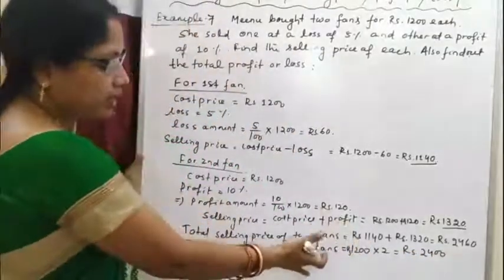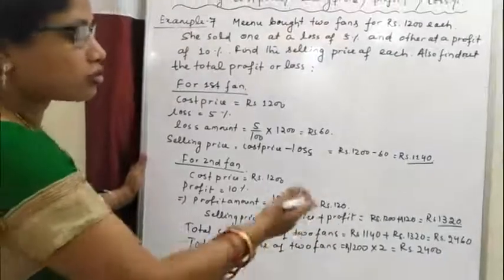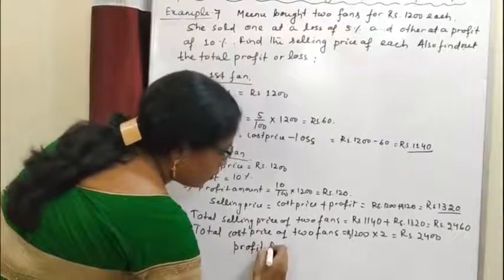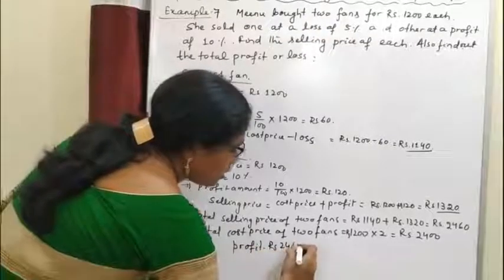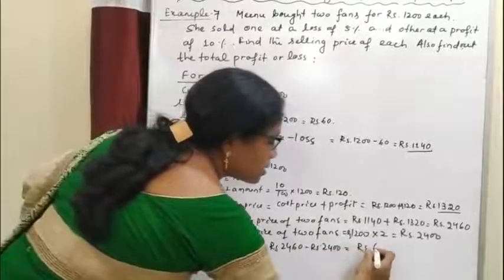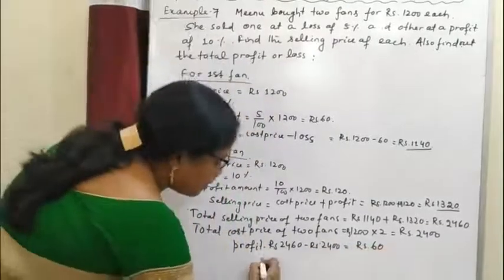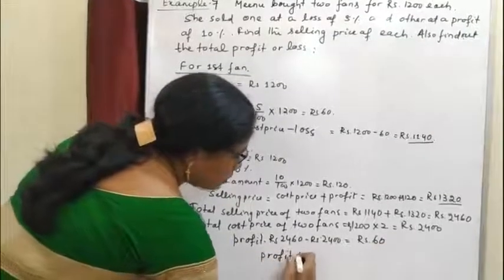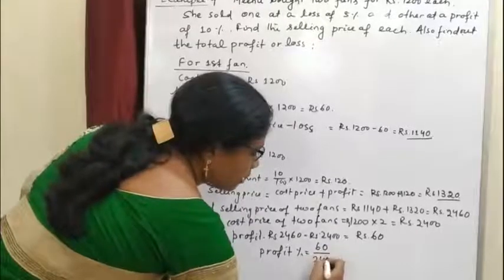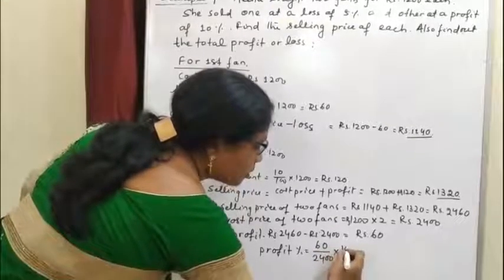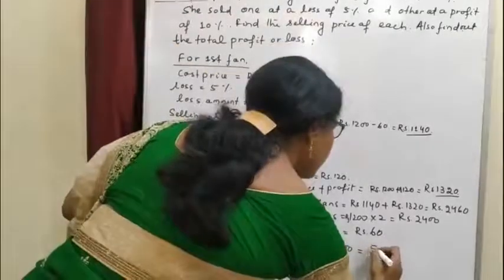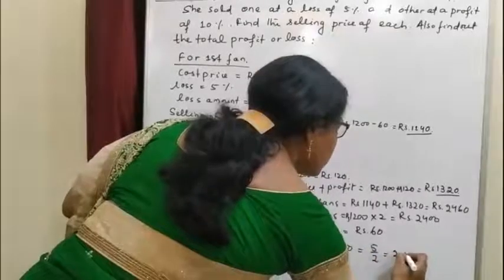So here the selling price is greater than the cost price, so profit occurs. So profit is equal to rupees 2460 minus rupees 2400, which is rupees 60. Then what is the profit percentage? Profit percentage is 60 by the cost price, our 2400, multiplied with 100. So this is equal to 5 by 2, that is equal to 2.5%.